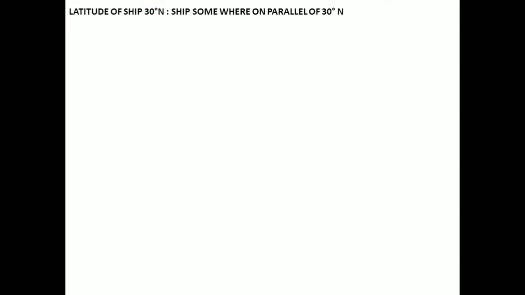How we got it as our latitude, and why we calculate all these sights, is basically to talk about position lines. So when we say that our ship is on a latitude of, let us say, 30 degrees north, you should be somewhere on the parallel of latitude 30 degrees north.